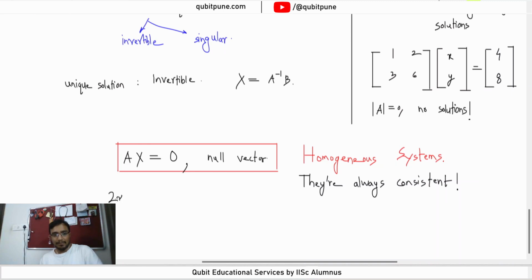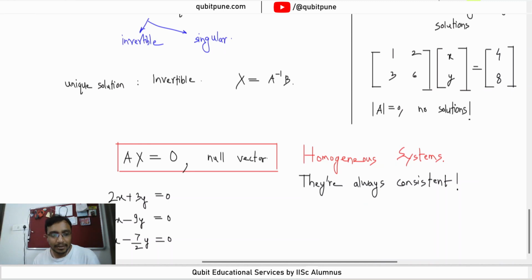Let us take an example. Is this system consistent? It is. What is the solution? 0, 0. Right? So why are homogeneous systems always consistent? Because the null vector is always a solution.